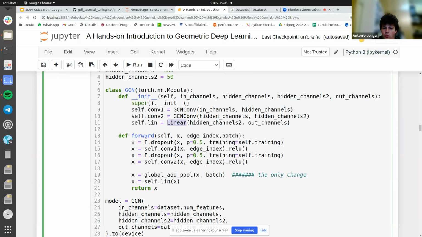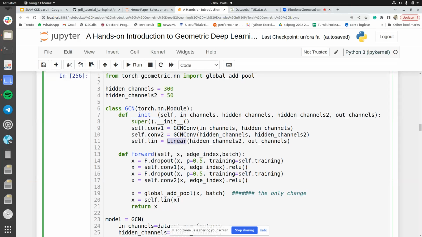In terms of feed forward, can I ask, how did you choose the number of hidden channels 1 and hidden channels 2? Is there a specific rule or do you just choose it randomly? So this is a quite complex question. Usually even the number of convolutions you're going to use is a hyperparameter you have to optimize.